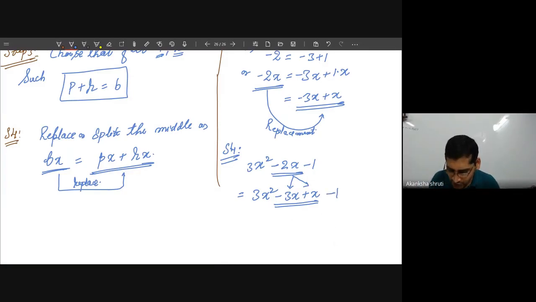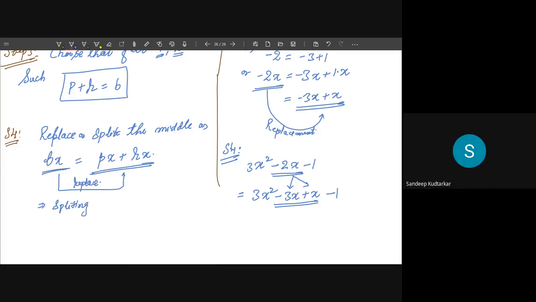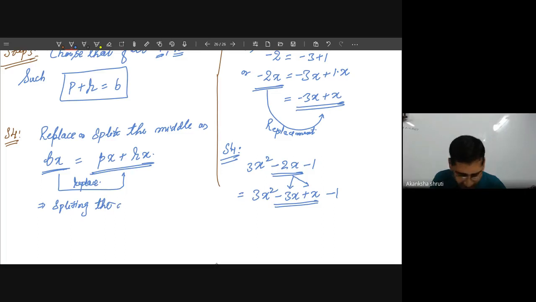Are you getting this much, students? It is a very important step. So therefore, it is called splitting the middle term. Students, hello. Yes, sir. Okay, splitting the middle term. Why is it called splitting the middle term? I think you are able to get the answer in step number 4.